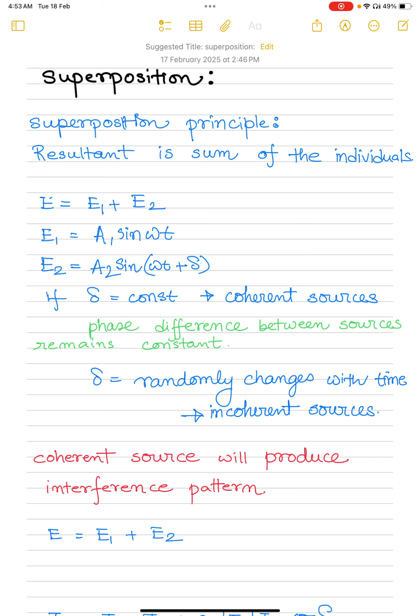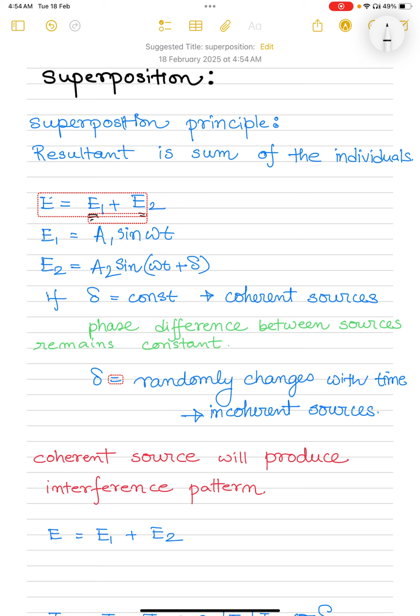So if there is a source 1 and a light ray is coming, which is going to give you an electric field at a point P, which is E1, and suppose another light ray is coming which is going to give you an electric field at that point, E2.